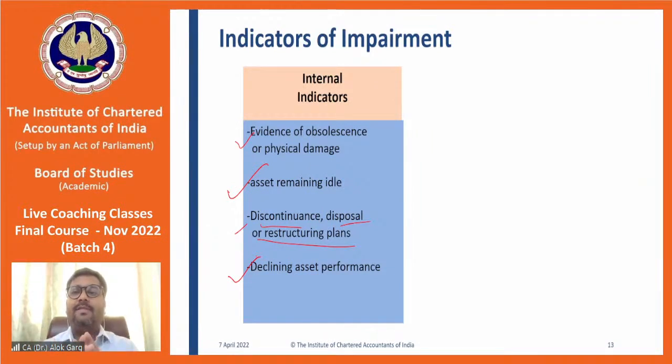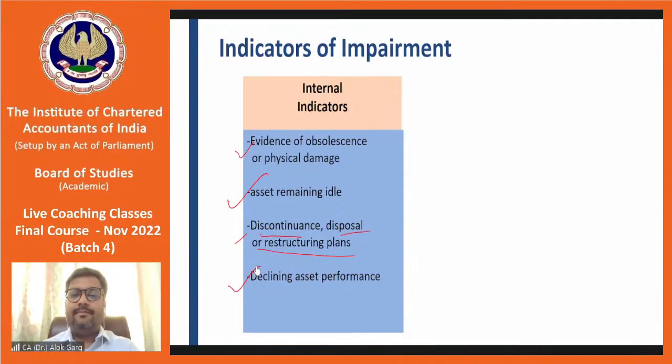For example, the car was giving a mileage of 20 when we purchased it, and it declines to 18, then 17, 15 and 10. So this car is significantly declining in performance. The mileage is declining. If there is declining asset performance, I am not saying there must be an impairment, but yes, it is an indicator of impairment, right?